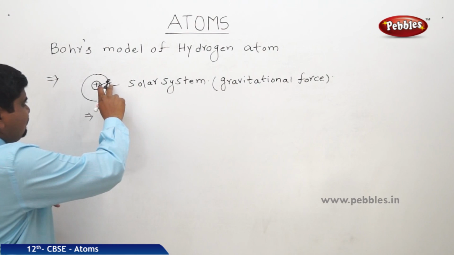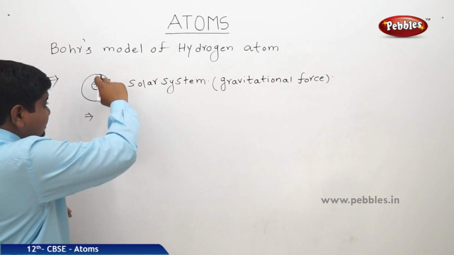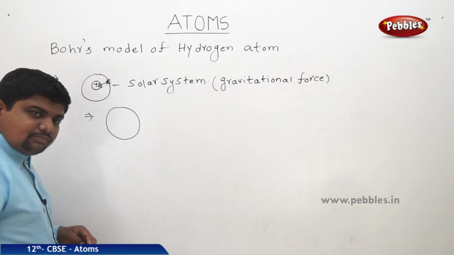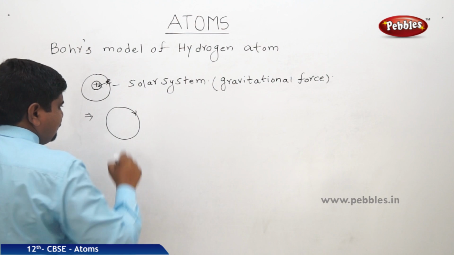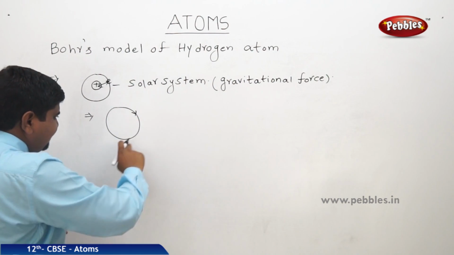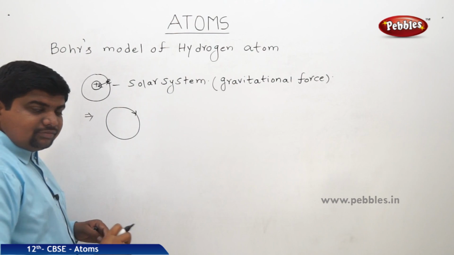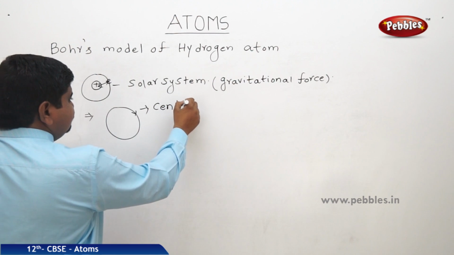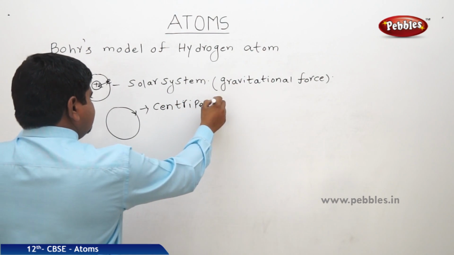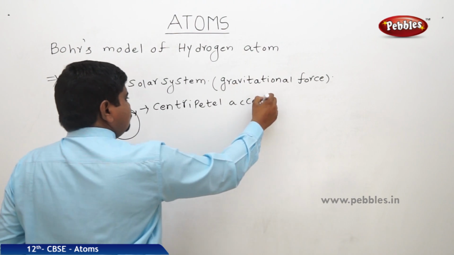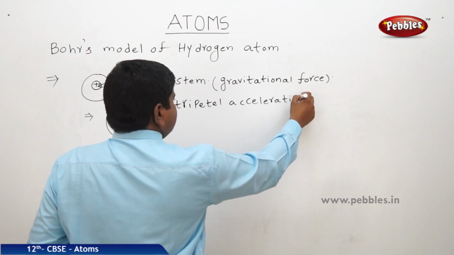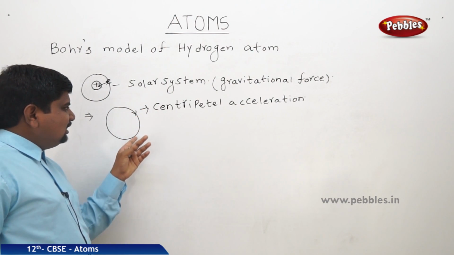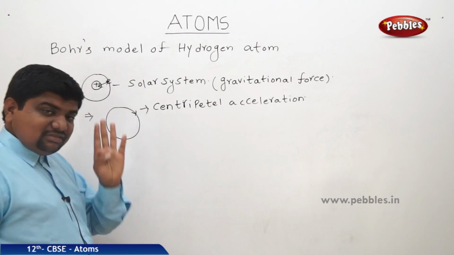If the electron is revolving around the nucleus in circular orbits, it will get a centripetal acceleration, because centripetal force is the reason to keep the electron within the limits of the orbit.